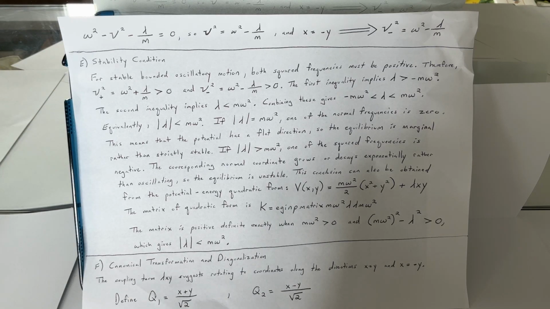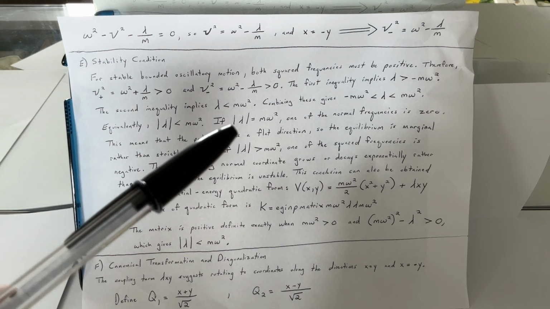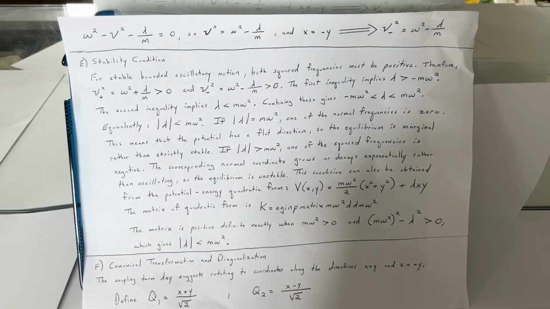Equivalently, the absolute value of λ is less than mω². If the absolute value of λ equals mω², then one of the normal frequencies has to be 0.